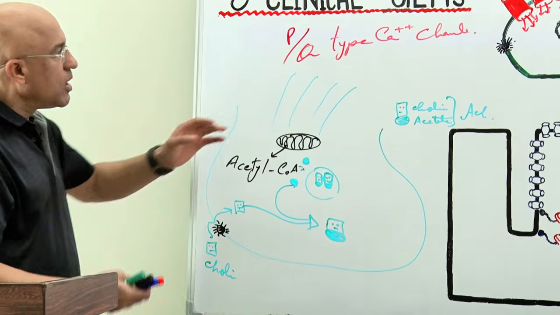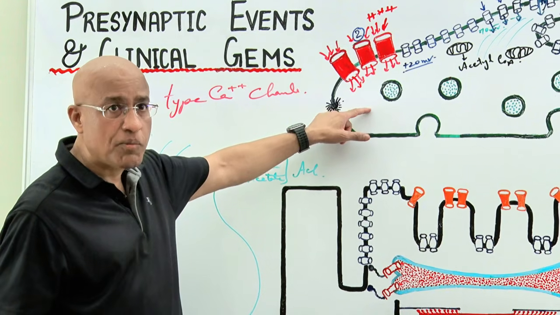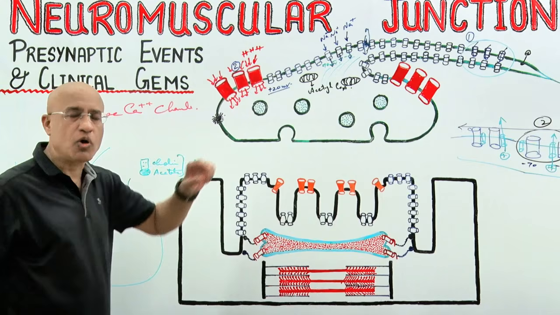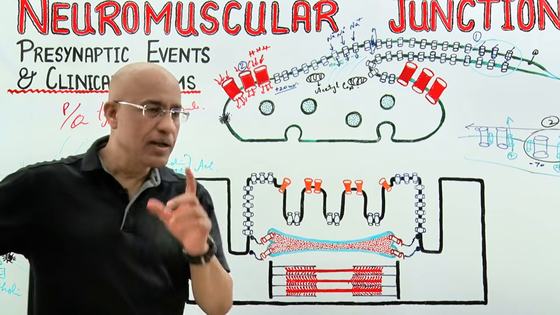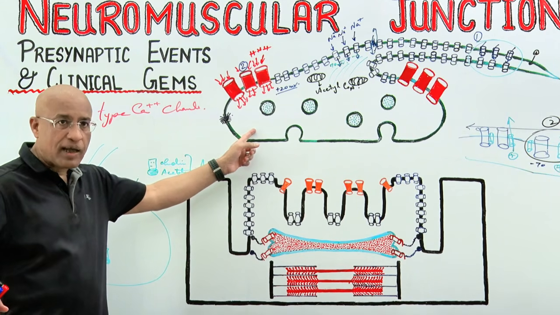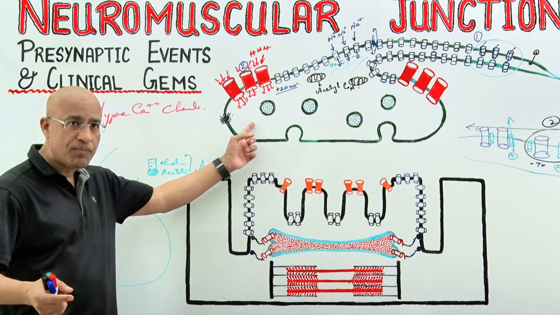Now, at the neuromuscular junction, the nerve endings of alpha motor neurons are basically cholinergic nerve endings when we talk about their neurotransmitter type. Choline was taken from the extracellular fluid and a lot of it was recaptured, as I will explain later, from the cleft.